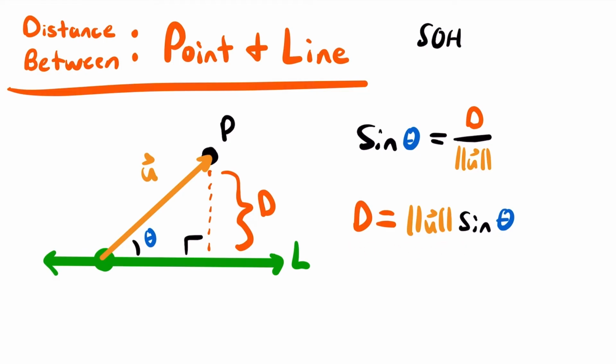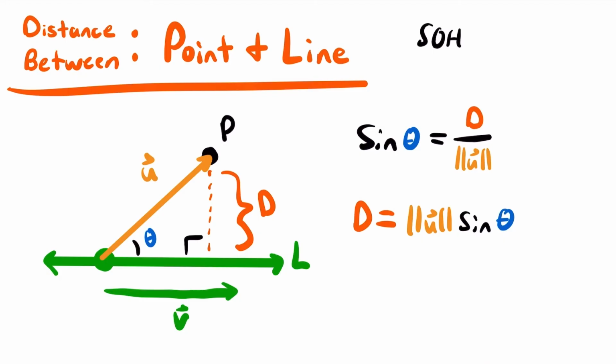And what we're going to do here is multiply both sides of this equation by the magnitude of the direction vector for this line. All right, remember that a direction vector for a line is the vector that would be parallel to that line. So that direction vector would look something like this. We'll call that vector v. It could lay over top of the line. Doesn't really matter. The point is that it's a vector parallel to our line.